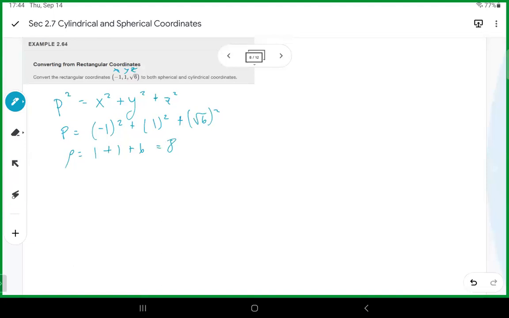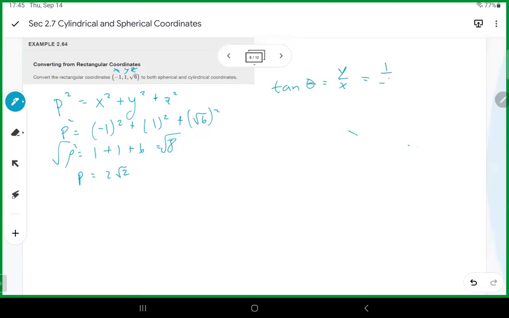Which means that was rho squared. Now we have to find the square root of both sides, so rho would be 2 square root of 2. Okay. And then we have to use tangent theta equal to y over x.